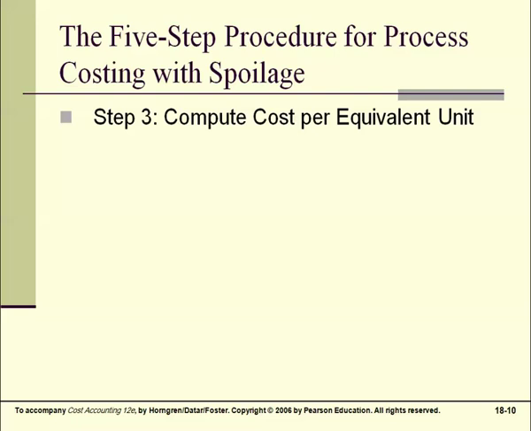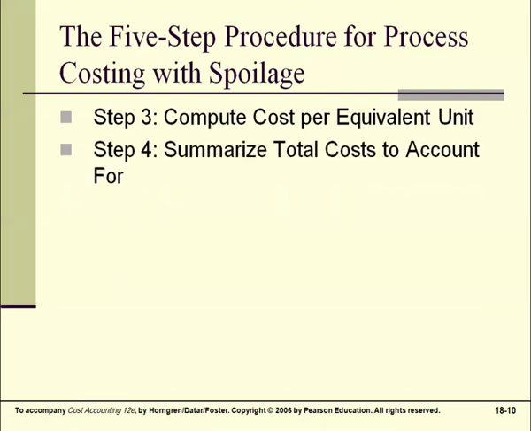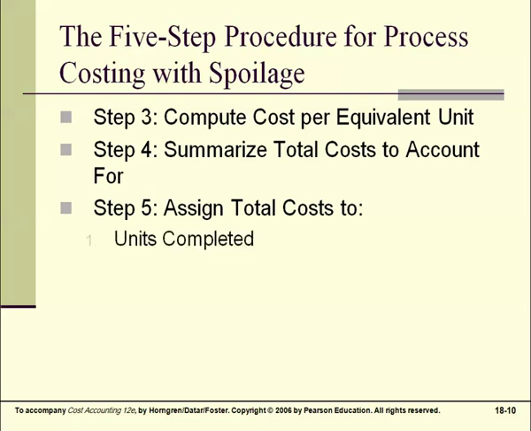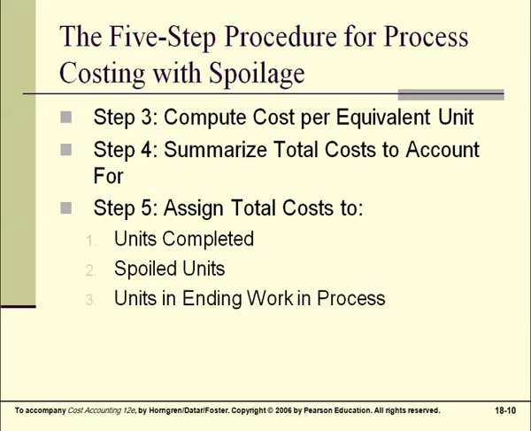Step 3. Compute cost per equivalent unit. Step 4. Summarize total costs to account for. And finally, step 5. Assign total costs to number 1, units completed, number 2, spoiled units, number 3, units in ending work in process.